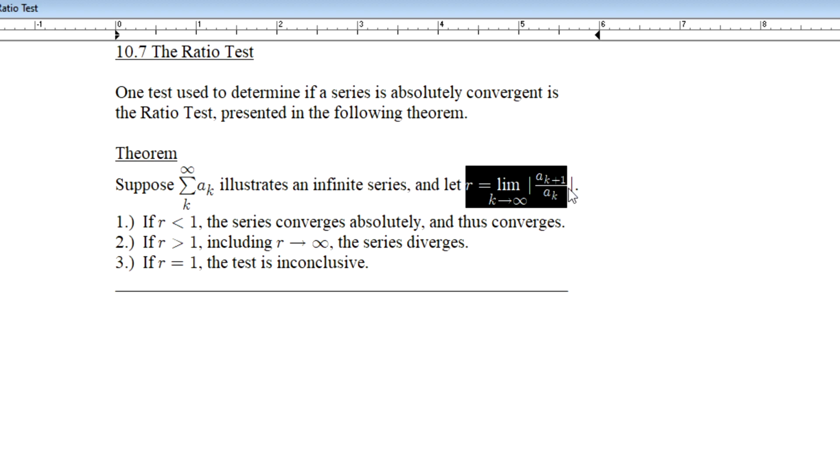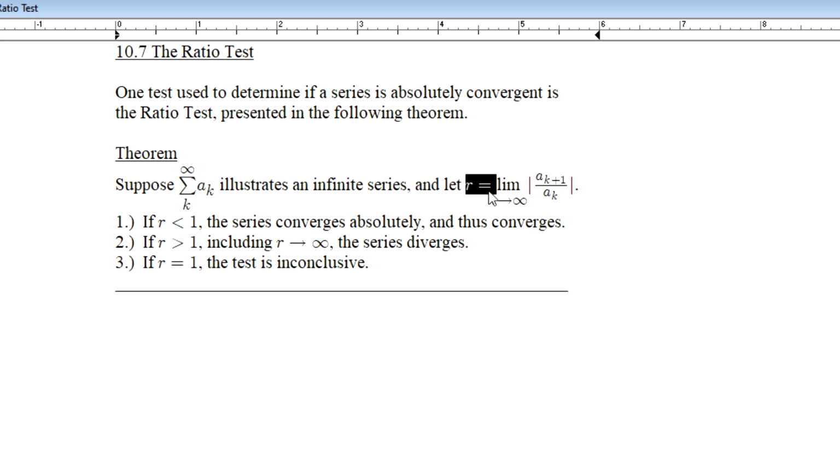And along with that, we're going to let r be the value of this limit, where a sub k, the argument seen in our infinite series, is used in this limit as k heads to infinity of the absolute value of the ratio of a sub k plus 1 over a sub k.